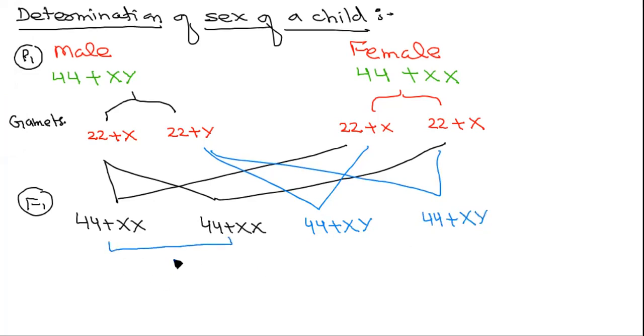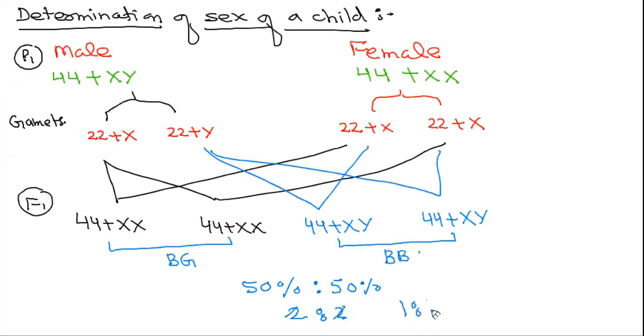These two are baby girl, these two are baby boy. So the ratio is 2 is to 2, which can be simplified as 1 is to 1. It means the probability of being a baby girl and being a baby boy is 50-50%.